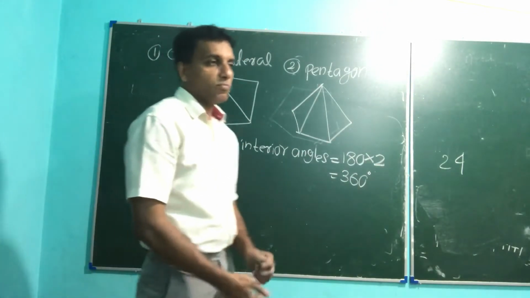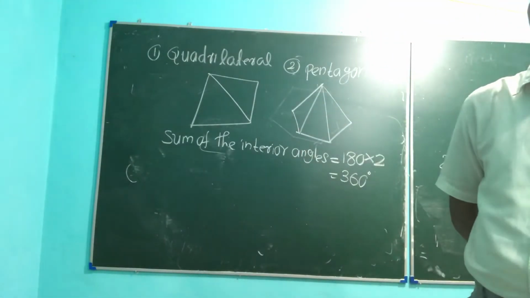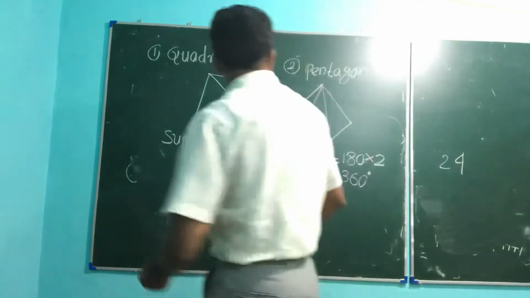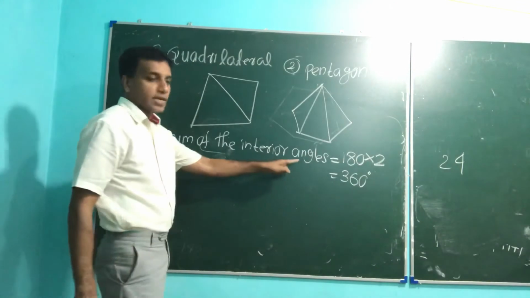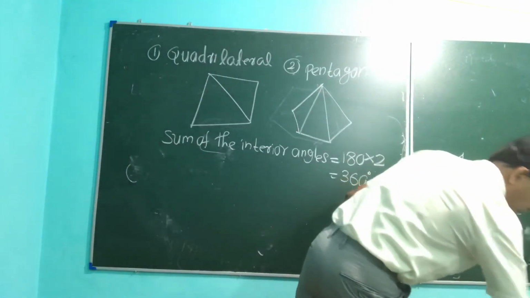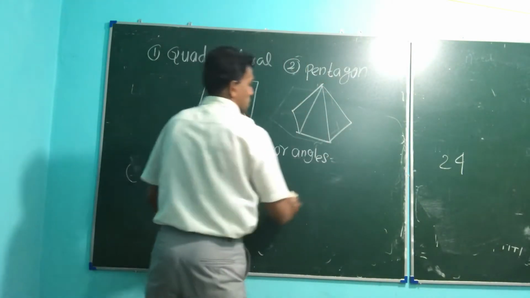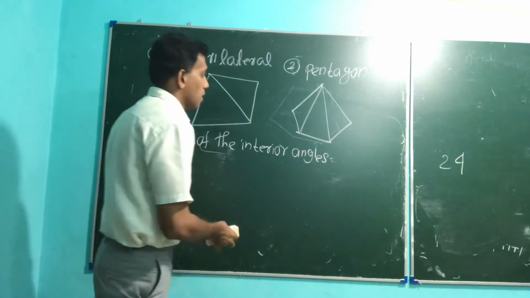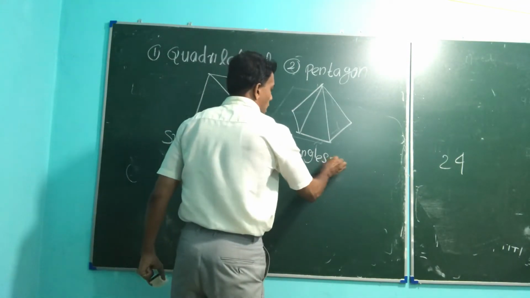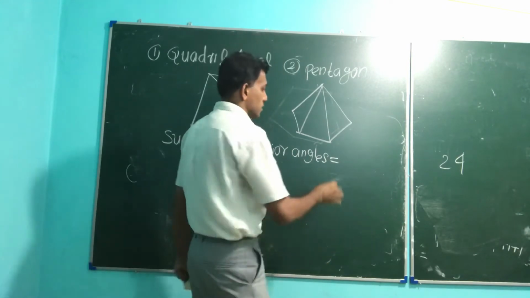Pentagon, 5 sides, 5 angles available. So in this second method, the sum of the interior angles for this pentagon, right? What is the answer? How many triangles can be drawn? 3 triangles.